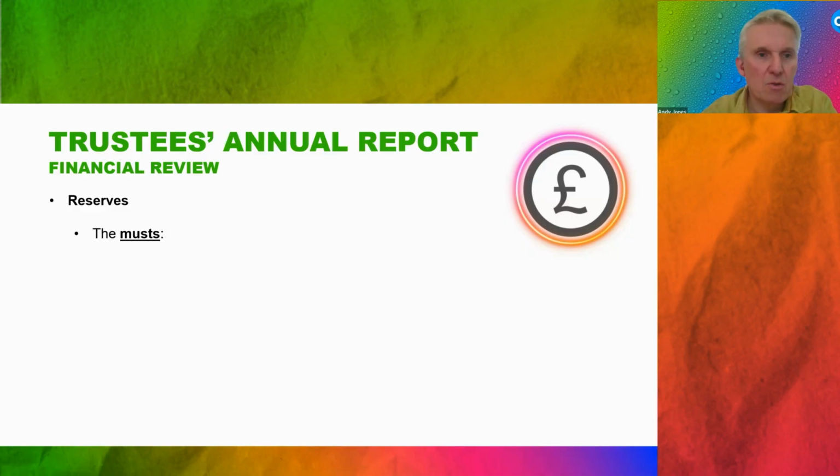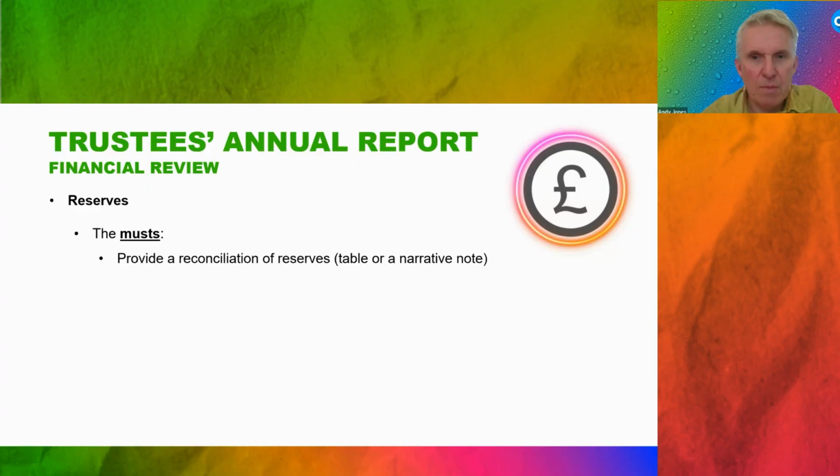So now under the new SORP, the key musts, as Glenn's outlined, you've got to provide a reconciliation of your reserves, either as a table in the trustees report, a note in the accounts, or perhaps even a narrative note if your reserves are relatively straightforward. We're just talking about unrestricted and restricted funds. A narrative note might quite adequately explain that.